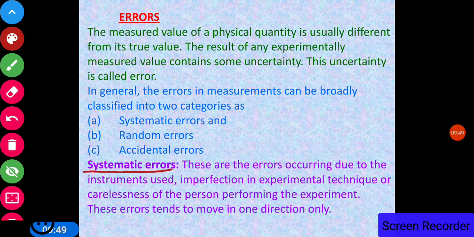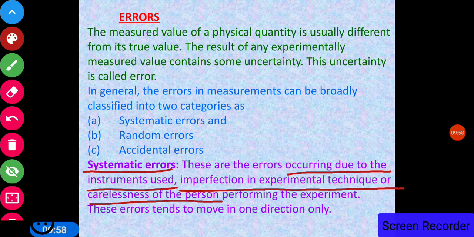What is the meaning of systematic error? These errors occur due to the instrument used, imperfection in experimental techniques, or carelessness of the person. It means the instrument may be wrong, or your technique may be wrong or not appropriate.